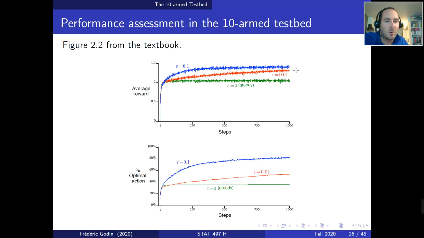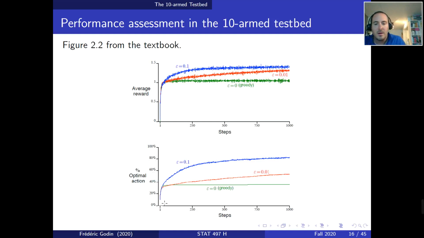Once it zeroes in on the optimal action, you reap higher expected reward. So if that plot continued, the blue curve would probably flatten out, and the red curve would become higher than the blue curve. And we can see this in the plot below.